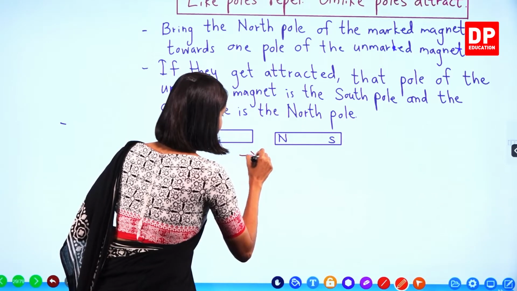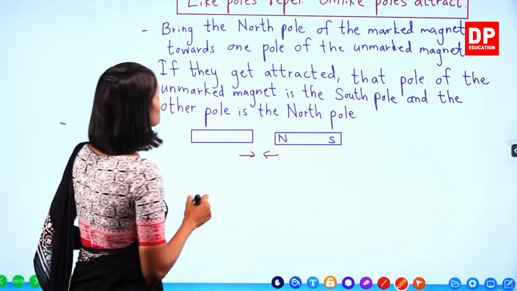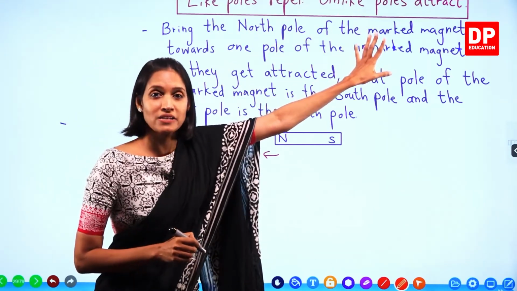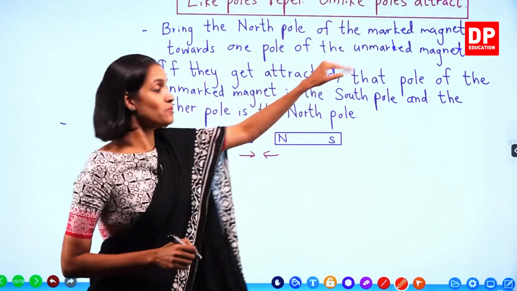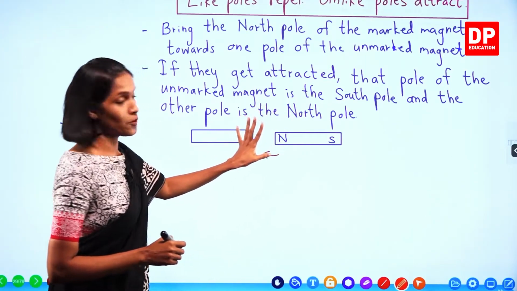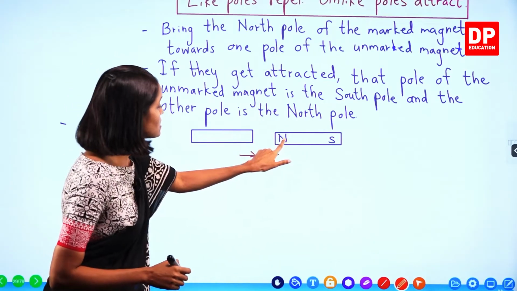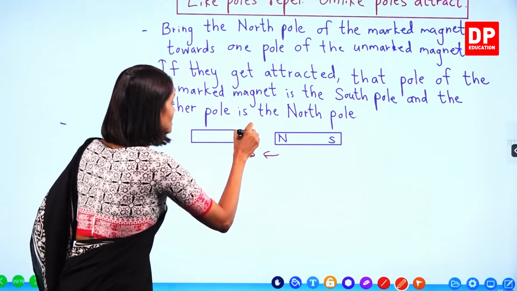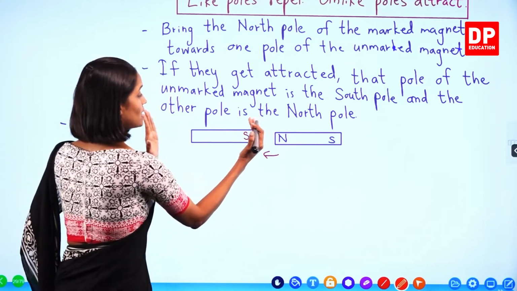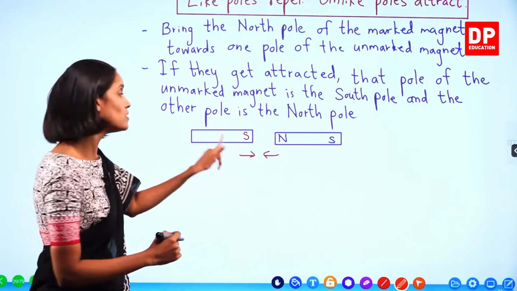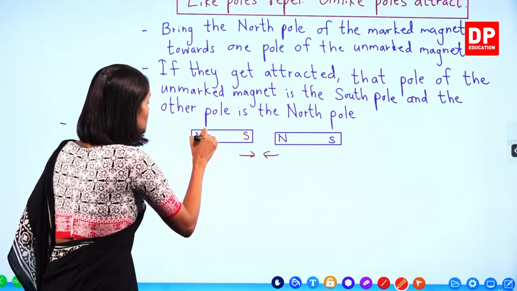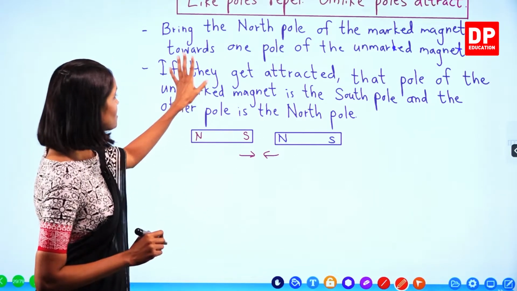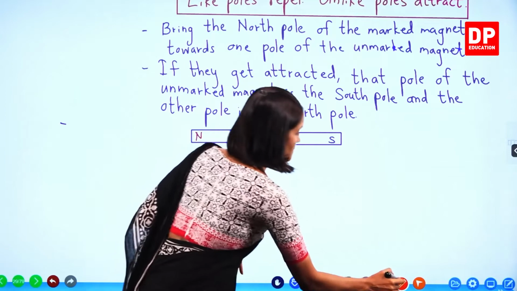Now we know that like poles repel, unlike poles attract, which means only the dissimilar poles attract. If this is north, this should be the south pole then, right? And if this is the south pole, this has to be the north pole. So this happens if they get attracted.